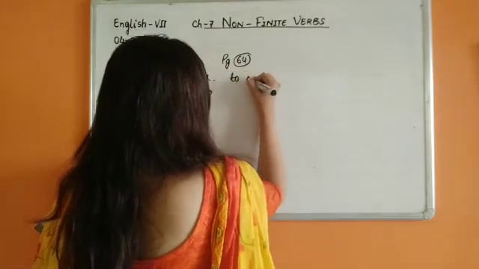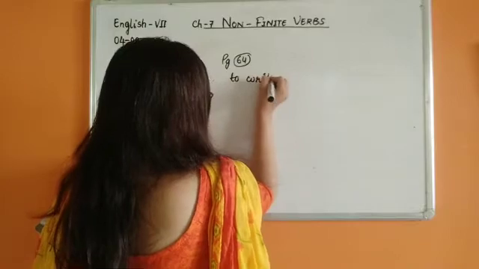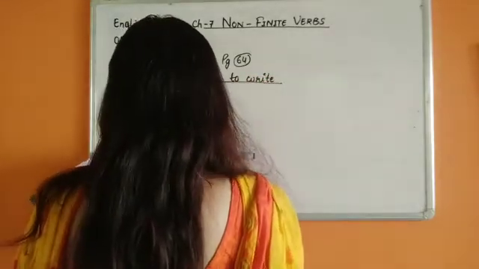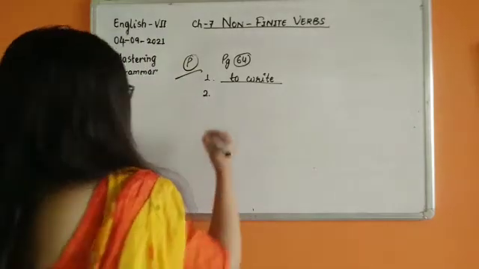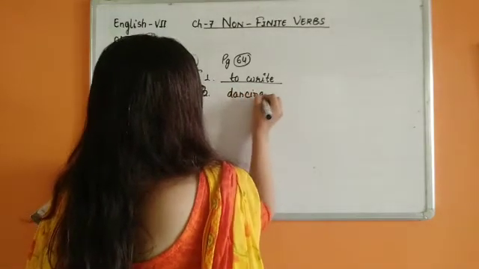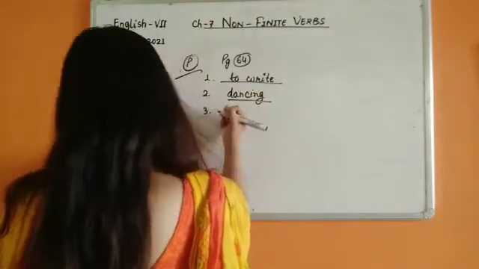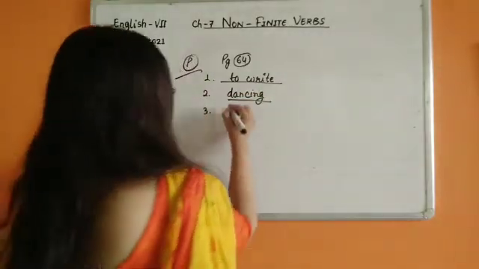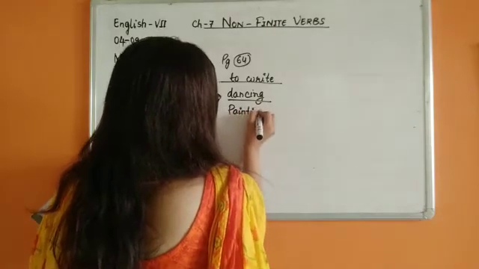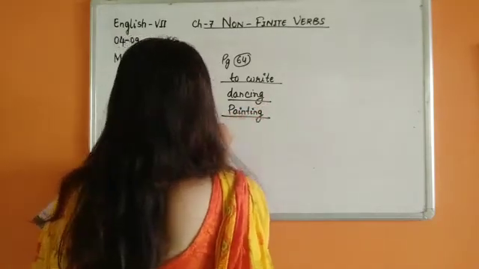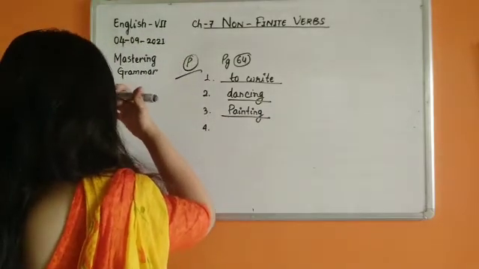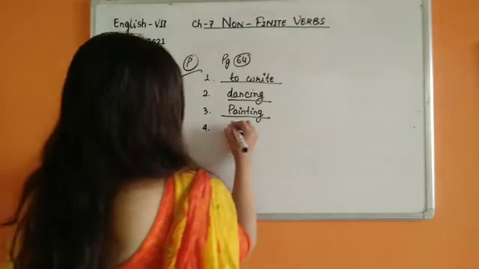Number 2, Sonal Mansingh is the dancing queen. Number 3, painting is a creative form. So this one was a participle, this one is used as a gerund. Number 4, Grandpa wanted dash go to the village fair. Wanted to go.